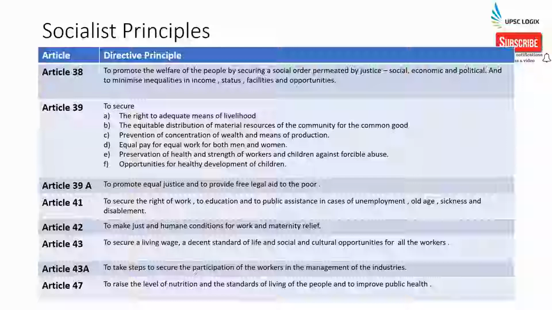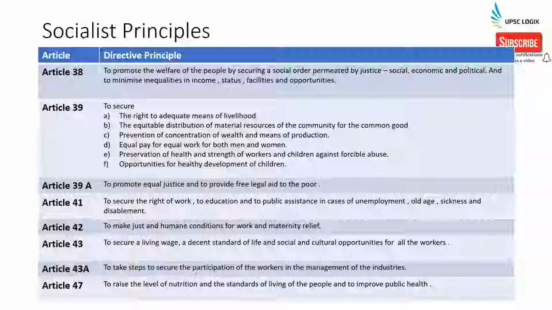into three broad categories, which are socialist principles, Gandhian principles, and liberal intellectual principles. So socialist principles are generally from Article 38 to Article 47. However, Articles 40, 43, 43B, 46 and 47 are contained in the Gandhian principles, while 44 and 45 are part of the liberal intellectual principles.